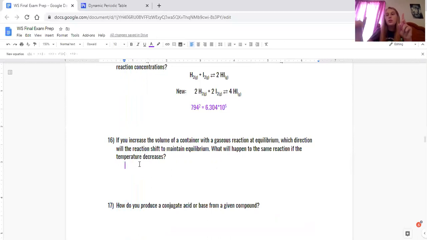So if you increase the volume, the pressure is going to decrease, and in turn, everything's going to want to end up going toward where there is more moles, so it can spread out more because of that. So increasing is going to equal, whoops, I cannot spell, sorry, toward side with more moles.